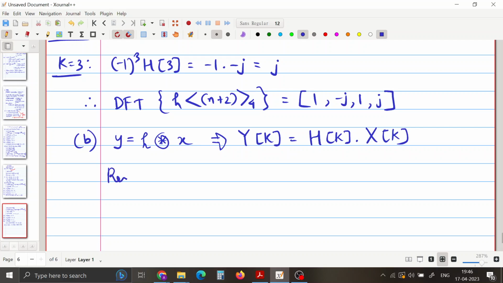And now recall that small y of n is nothing but the inverse DFT, IDFT of capital Y of k.